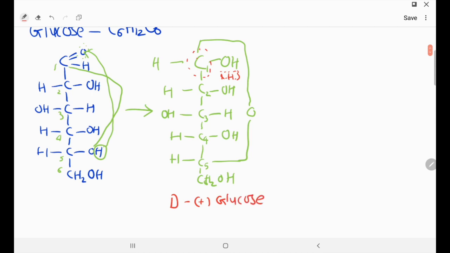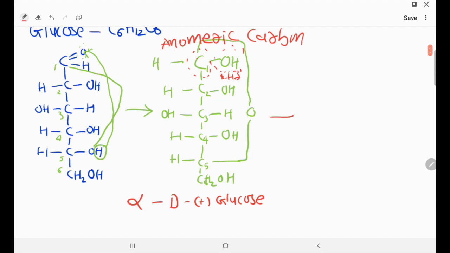You can check on the first carbon, OH is on right hand side, so this is also known as alpha D plus glucose. This carbon is known as an anomeric carbon. You got it? Very good.